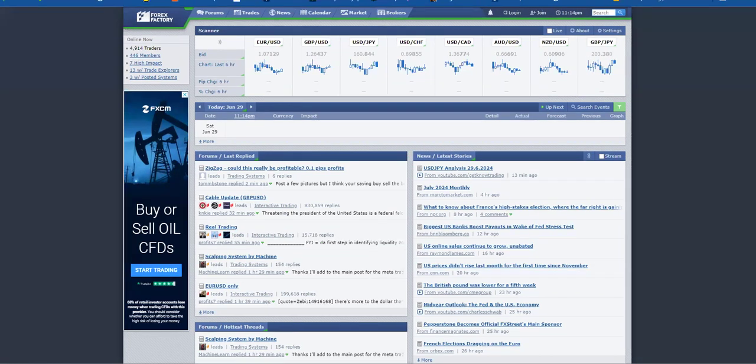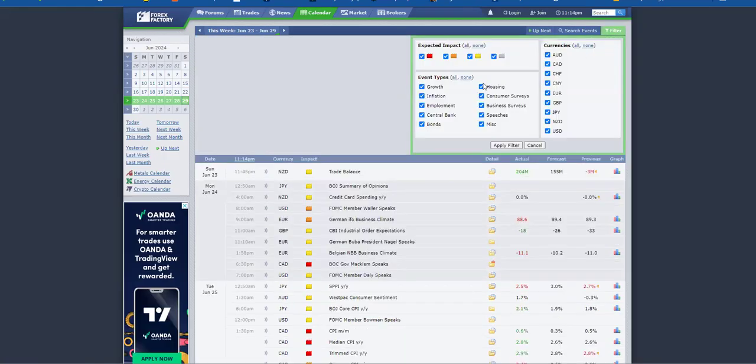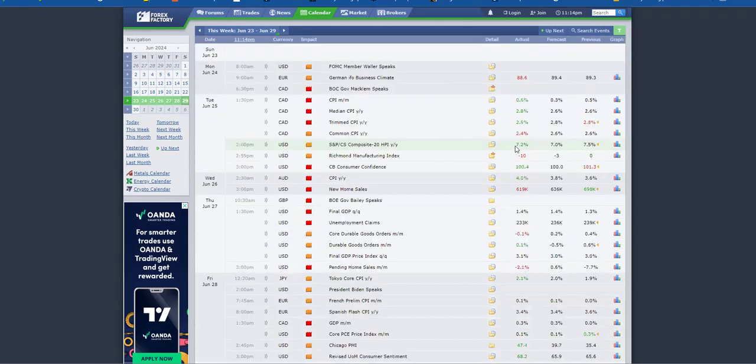Let me just quickly push that up. Look at the calendar, see what we have this coming week. We'll just filter the most important ones, irrespective of the market. So yeah, this is what we're having.